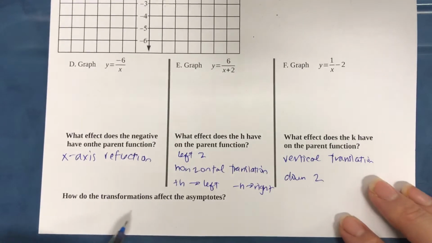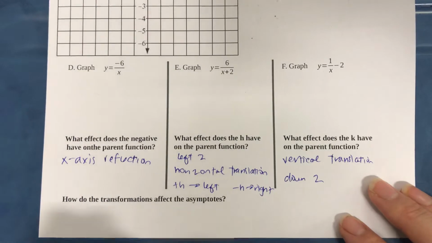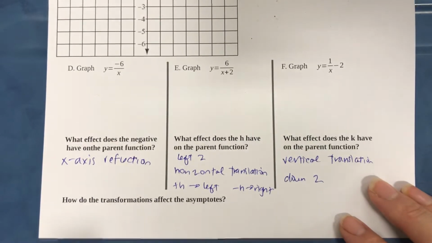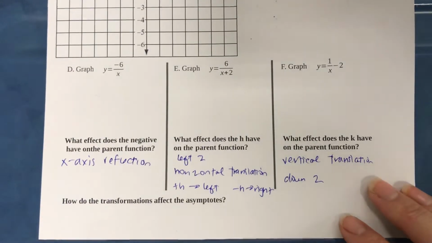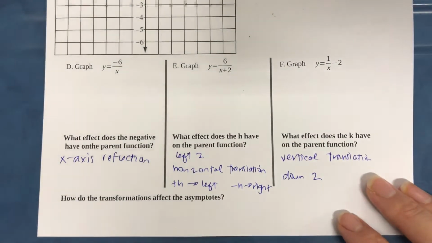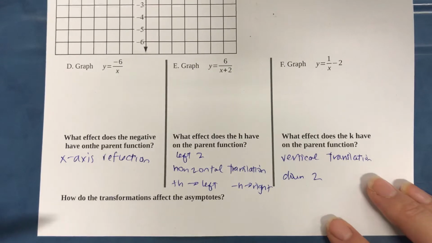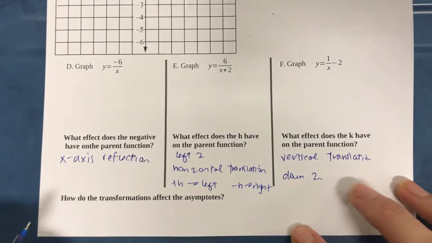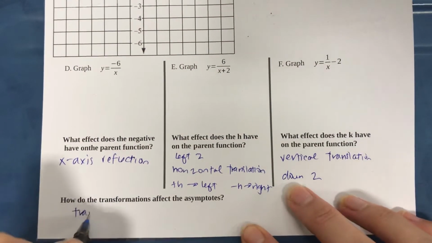So the major question, and that is really helpful in graphing, is figuring out how do transformations affect the asymptotes. So I want you to think about which transformations would that be. The ones that would affect the asymptotes would be the translations.